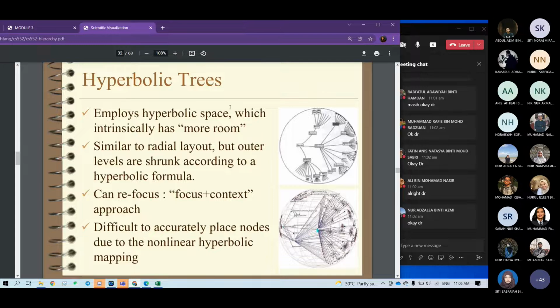Employ hyperbolic space. Hyperbolic space which intrinsically has more room. Similar to radial layout, but outer levels are shrunk according to a hyperbolic formula.